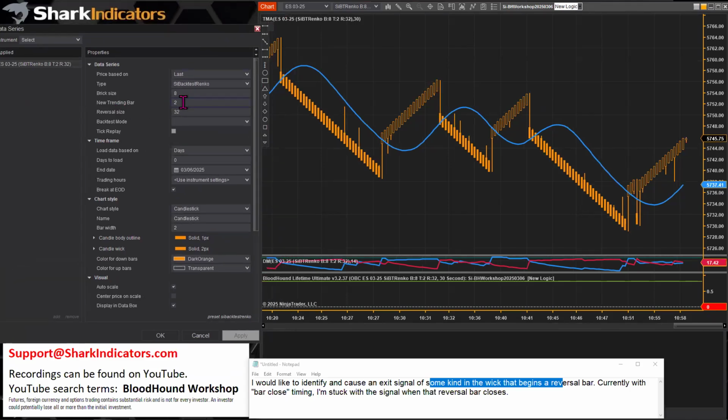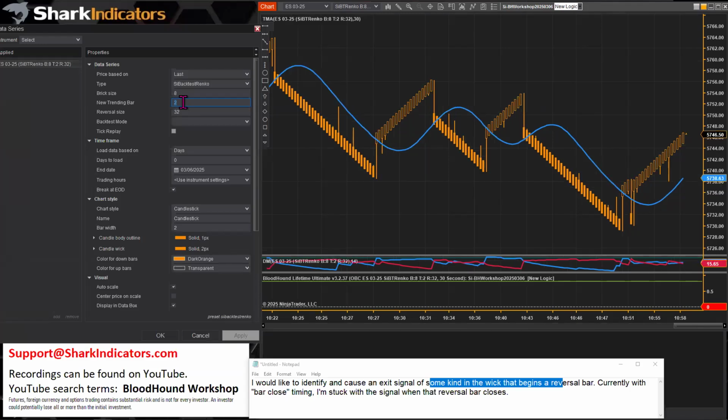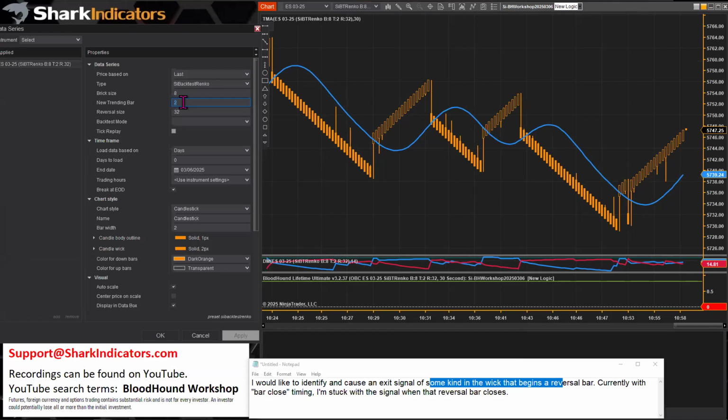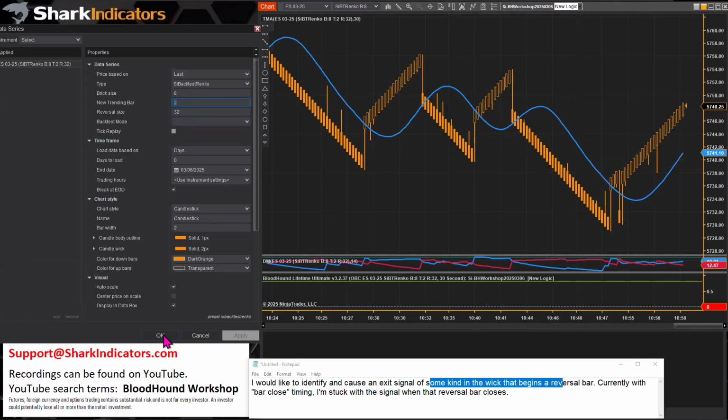So my new bar offset there, reducing that seems to have helped quite a bit. All right, we're kind of getting things dialed in here a little bit better.